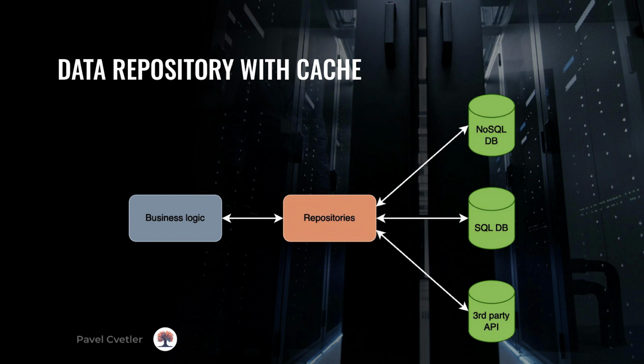Because if you are using something like the data repository pattern, you can modify your repository in a way that when it interacts with your data source, it can also look for the data in your cache. And it doesn't matter if it's a local in-memory cache storage in your system, or if it's shared storage among all your servers.